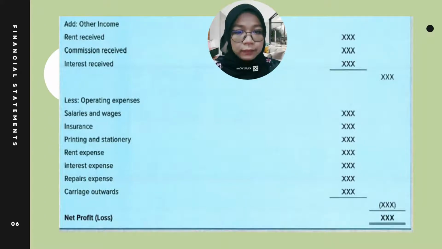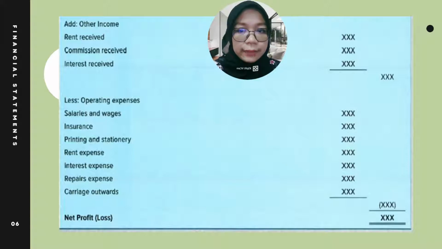Note that carriage outwards is considered part of expenses, while carriage inwards is considered part of the purchase cost in the calculation of the gross profit or cost of goods sold. For carriage outwards, meaning the transportation cost for the customer, it should be treated under operating expenses.